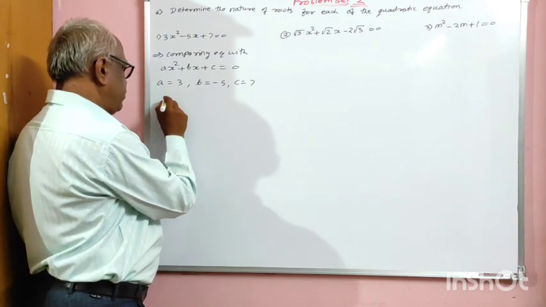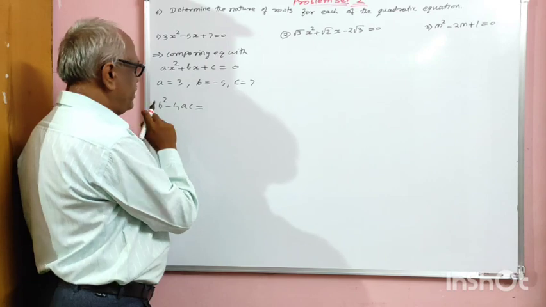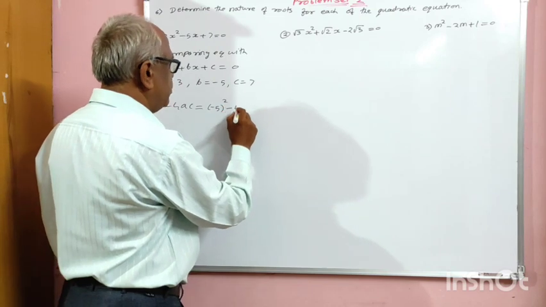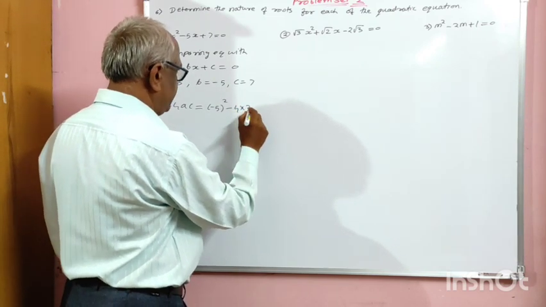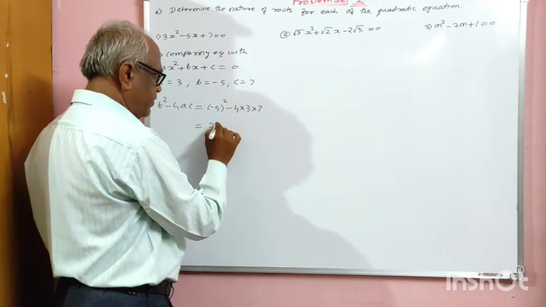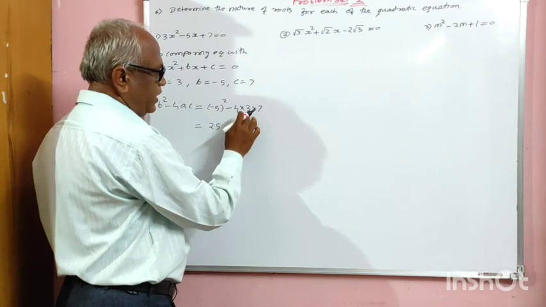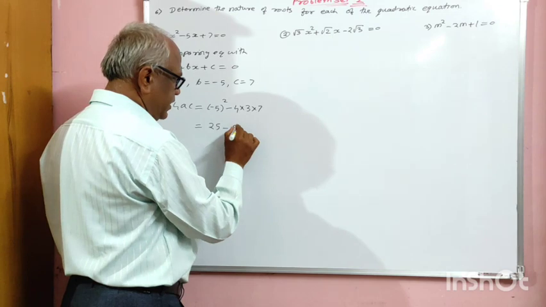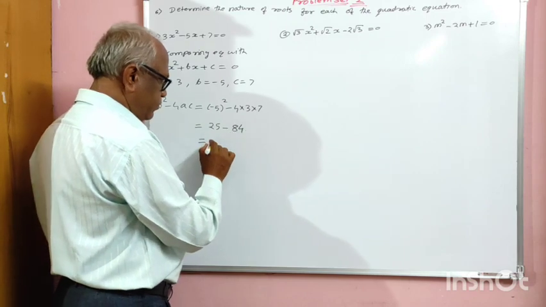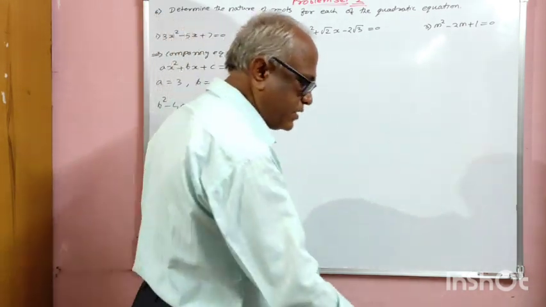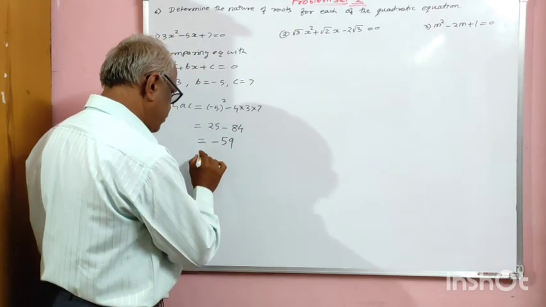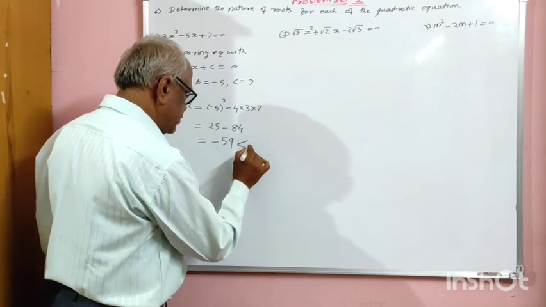Now here b square minus 4ac, put the value in this, b value is minus 5, bracket square, minus 4 into a is 3 into c is 7, which is equal to minus 5 square is 25, minus 4 3s are 12, 12 into 7, that is 84, which is equal to 25 minus 84, that is subtracted but keep the greater number sign, that is minus 59 we'll get, which is less than 0.